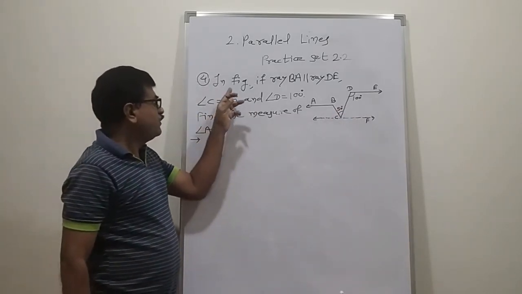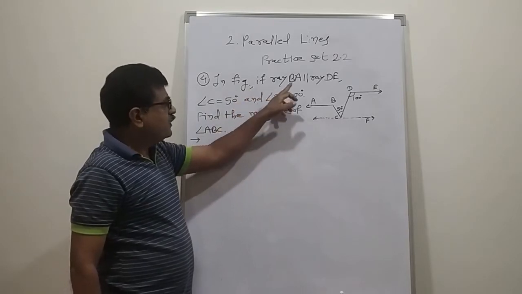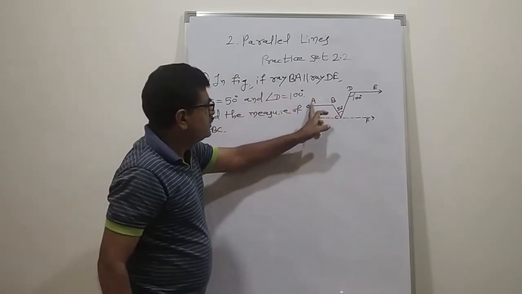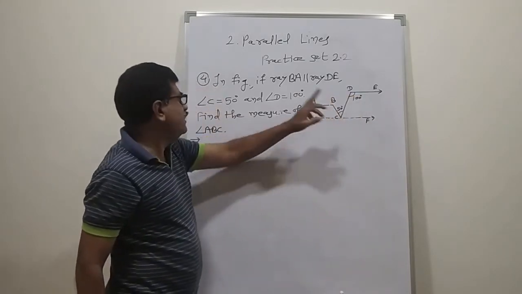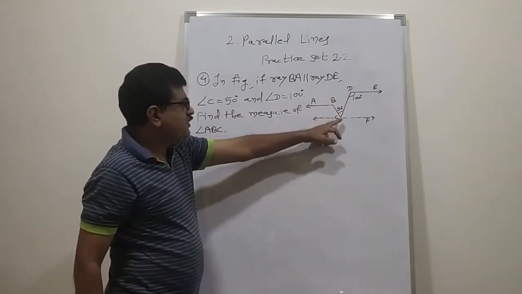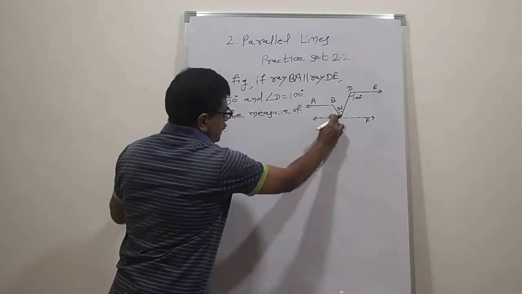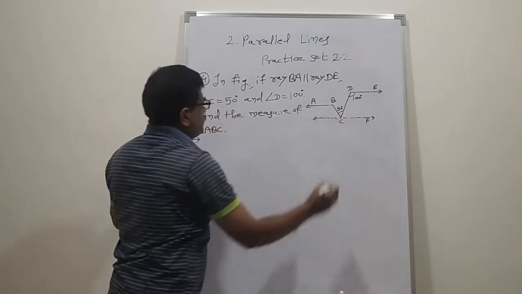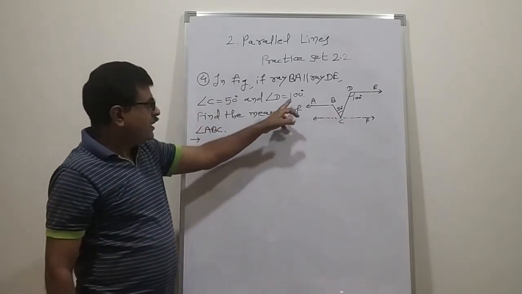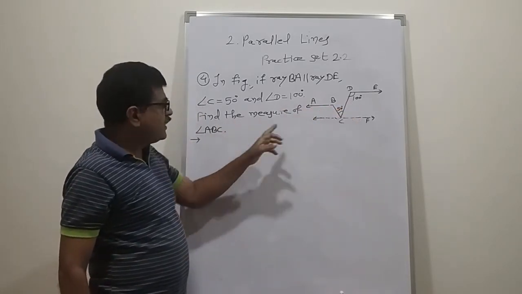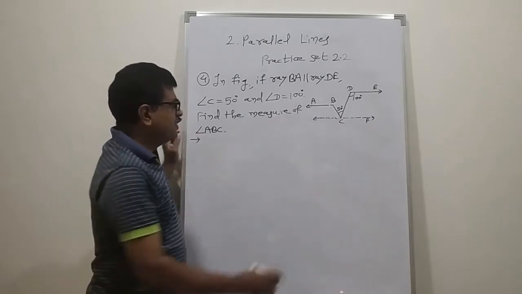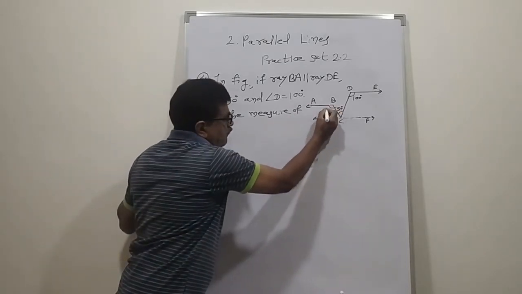Now let us see from the figure. In the figure, ray BA is parallel to ray DE, these two are parallel. Angle C is 50 degrees, angle D is 100 degrees, and we have to find the measure of angle ABC.